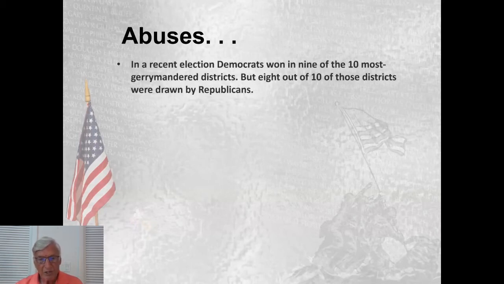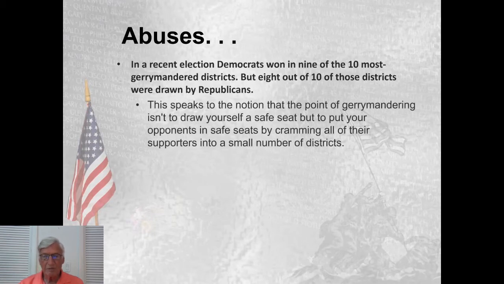In a recent election, Democrats won in 9 out of the 10 most gerrymandered districts, but 8 of those 10 districts were drawn by Republicans. Now I'm going to make the Republicans sound like the bad guy here. Let me qualify that to begin with and say that the Democrats have done and will do exactly the same thing.